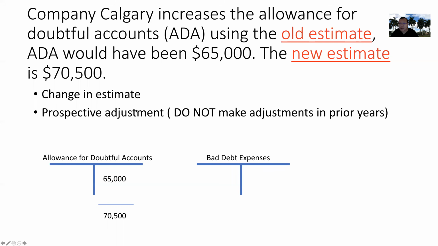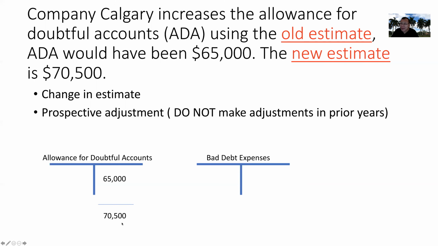So let's see in the current year, what kind of adjustment we should make. Allowance for doubtful account. If we take a look at this T account, based on the old estimate, this number would have been 65,000. It has a normal credit balance. However, using the new estimate, this balance should be 7,500.